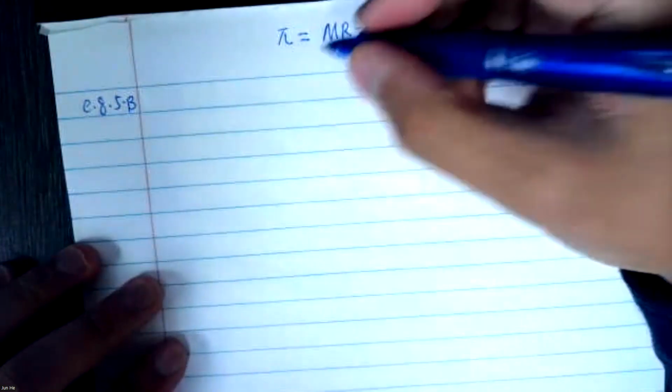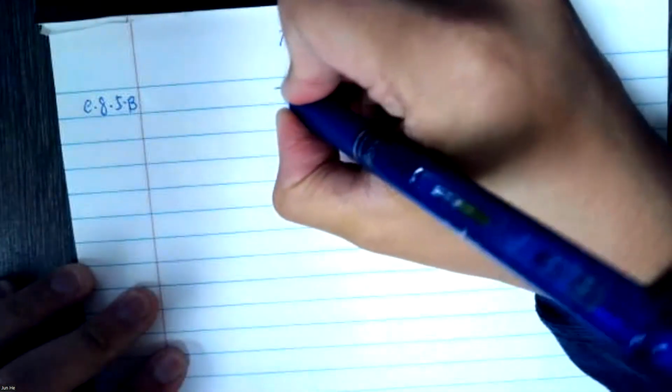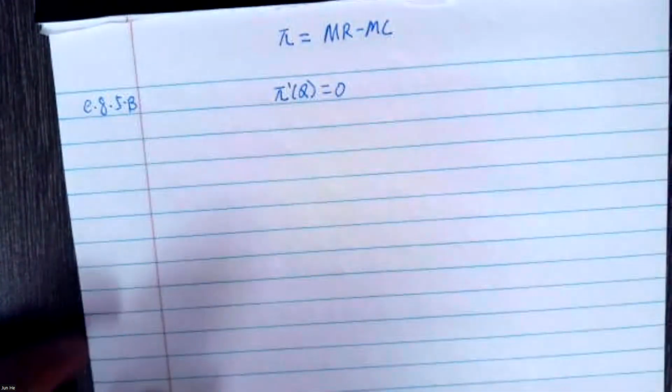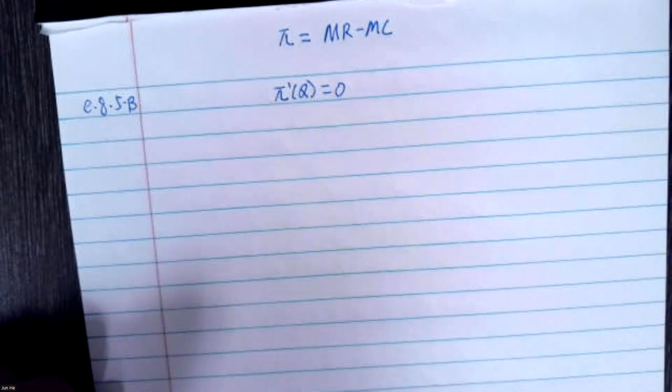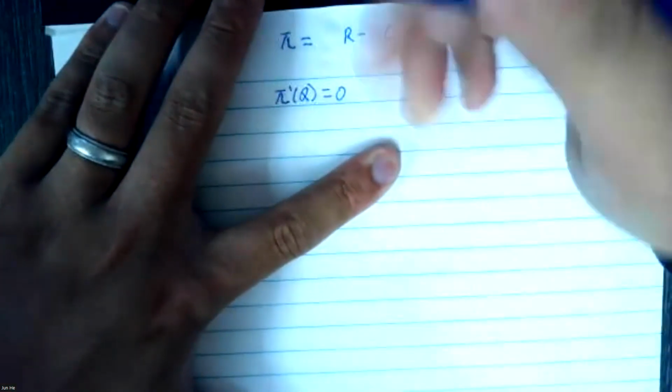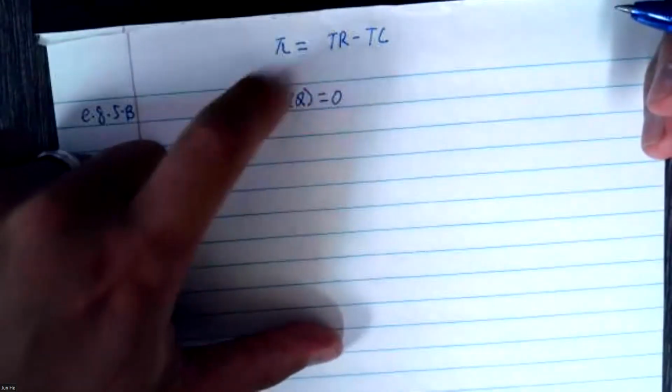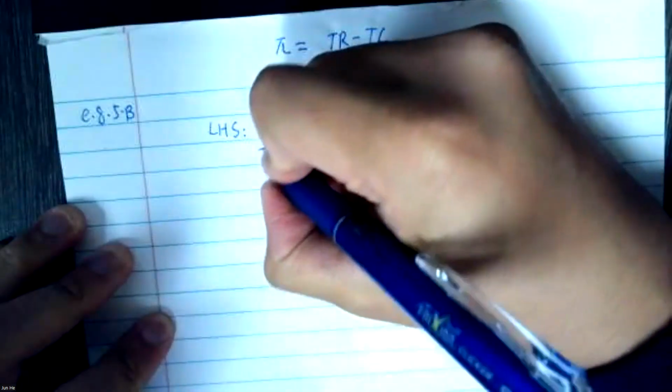So now, in order to maximize profit, the first order condition is pi prime of Q equals 0, right? Pi is total revenue minus total cost. So here, your left-hand side is d pi over dq.